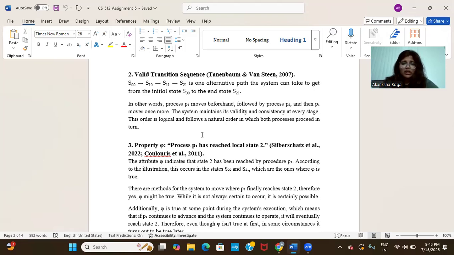Then P1 does one step. Now we are at S10, and now P2 does one step. So here we are at S11, and then P1 does one more step, and we are at S21. So now we have a path: S00, S10, S11, and S21.